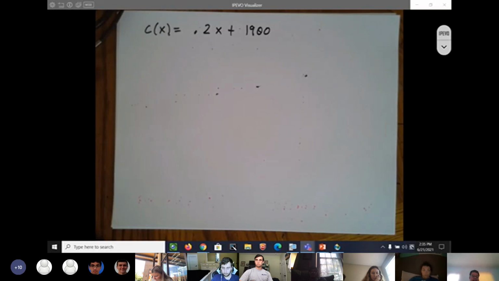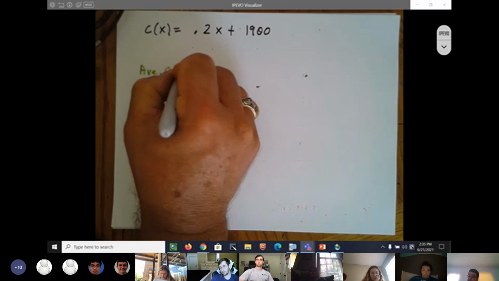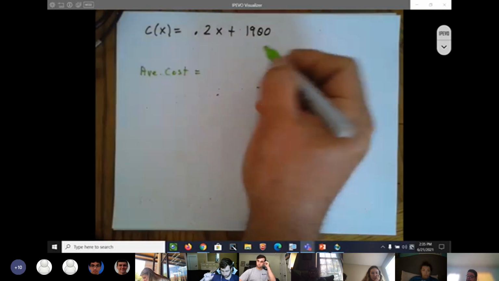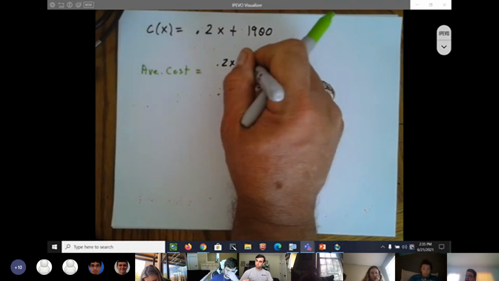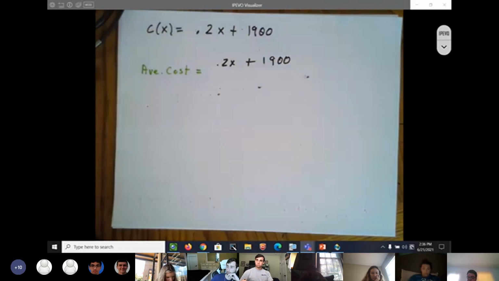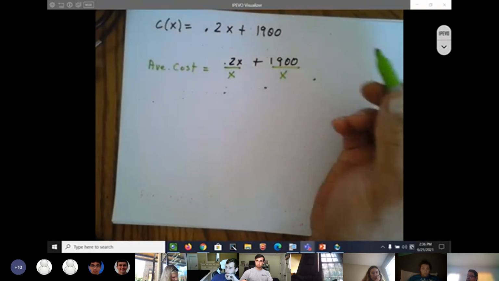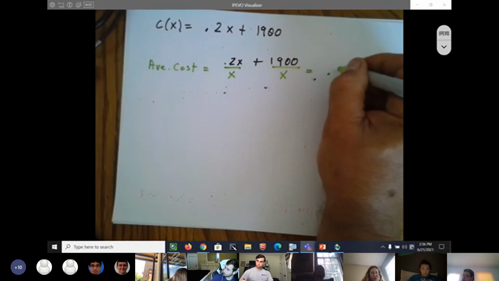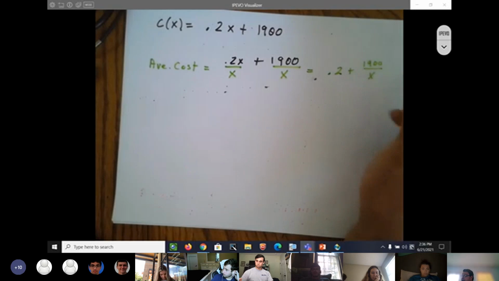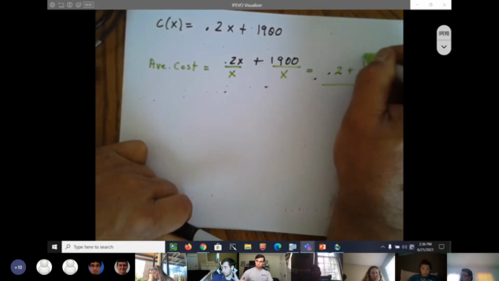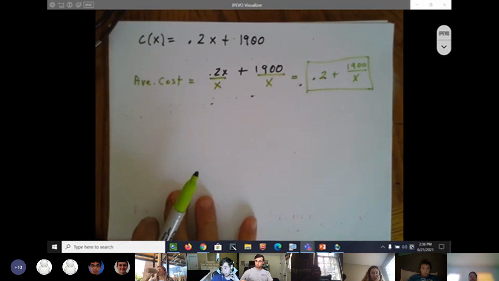And I'm going to write average cost is equal to 0.2x plus 1,900 divided by x, which is going to be equal to 0.2 plus 1,900 over x. So there's my equation for my average cost.